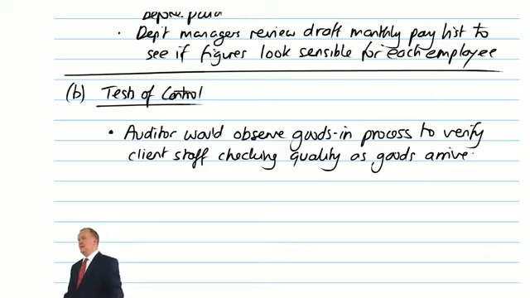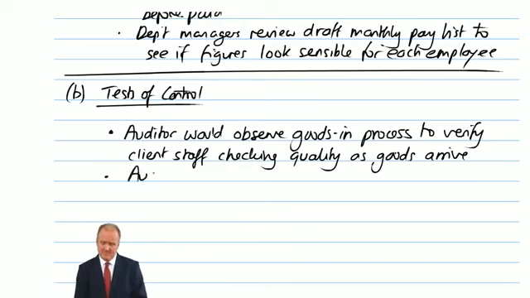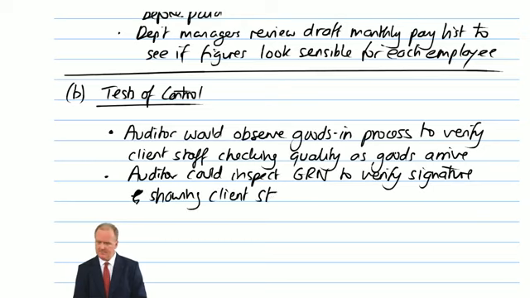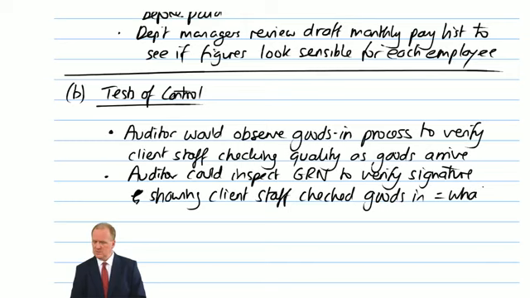The company should be checking that the goods arriving are the things they ordered. So the auditor could inspect goods received notes to verify a signature showing client staff checked goods in equals what was ordered.